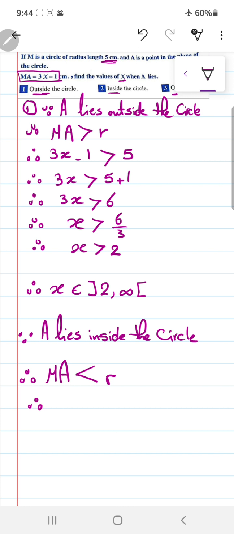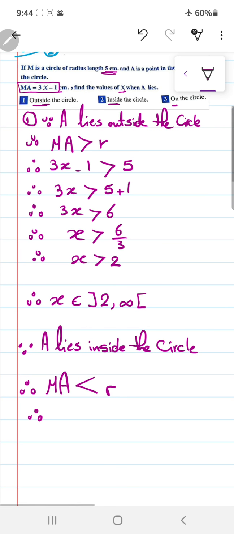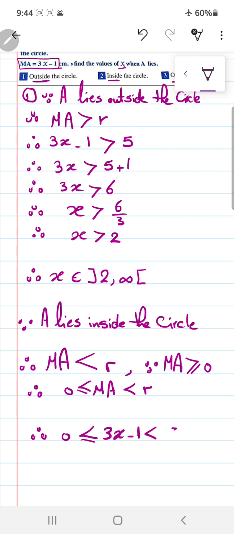And in the third example, MA equals 0, so we have another condition, which is MA greater than or equal to 0. It means MA equals 0 and A becomes the center. So MA is greater than or equal to 0 and less than the radius. By substitution, 3x minus 1 is greater than or equal to 0 and less than 5.